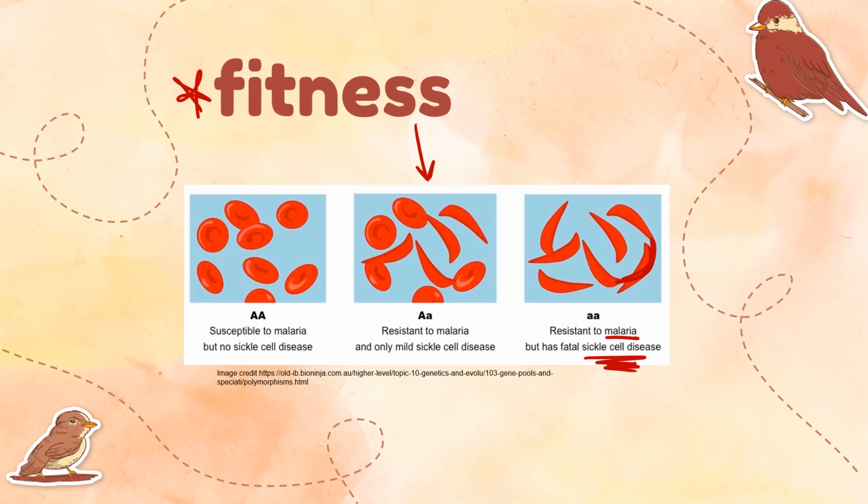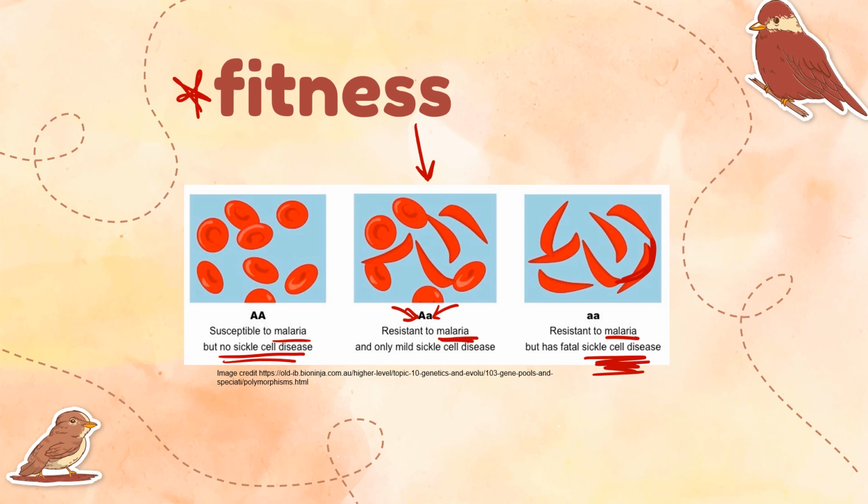So in areas of the world where malaria is common, people who had no alleles for sickle cell would often die of malaria. People who were homozygous recessive for sickle cell would die of sickle cell. But people who were heterozygous, a little bit of normal hemoglobin, a little bit of sickle cell hemoglobin, would be resistant to malaria.